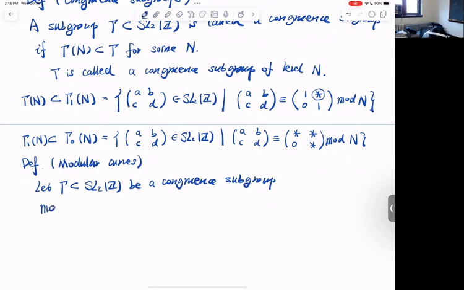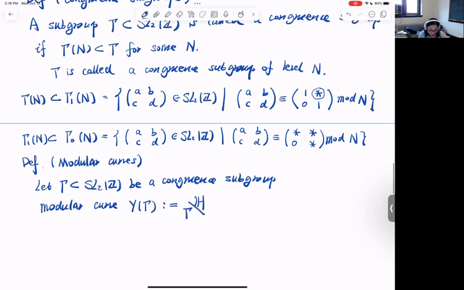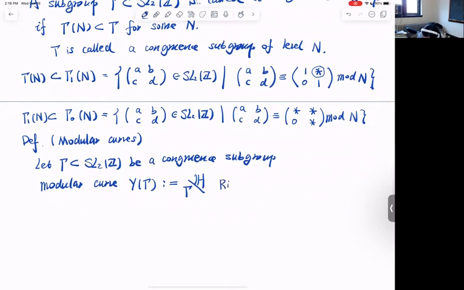Then the modular curve Y of gamma is defined as the upper half plane mod out by the gamma action. And this is actually a Riemann surface.